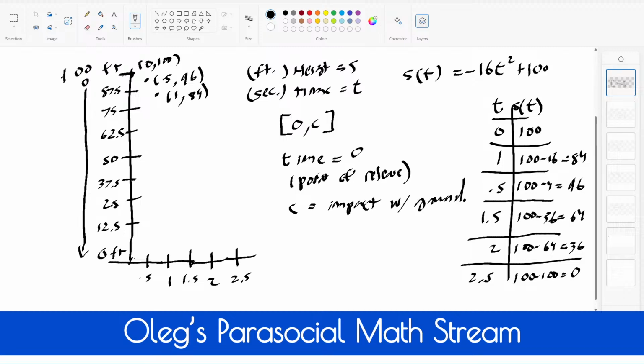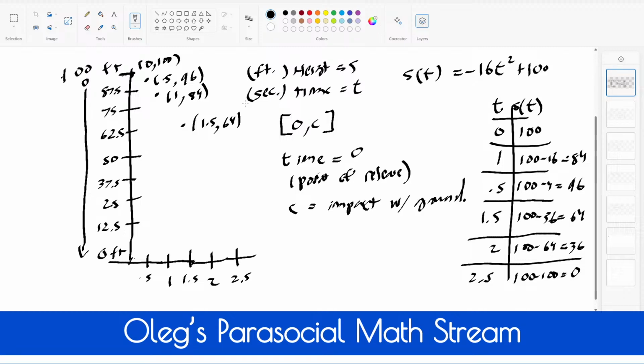Next, 1.5 is 64, so we're going to be about here, maybe. And this is 1.5 and 64.